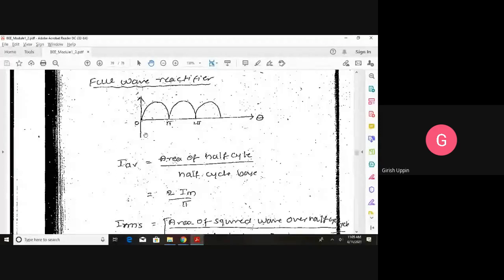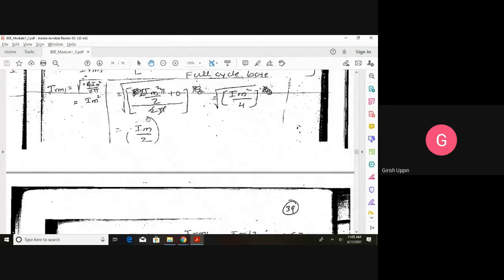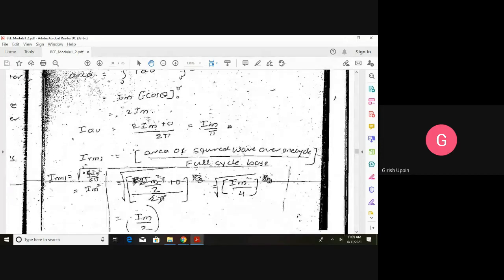So what is the average current? Average current is equal to the area under the half cycle divided by the half cycle time period. What is the area of a half cycle? We already calculated it earlier: 2 Im.